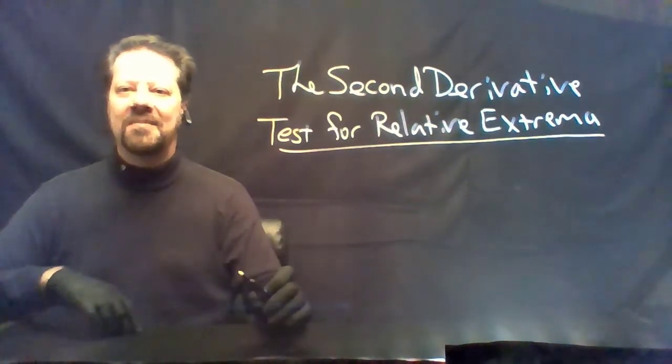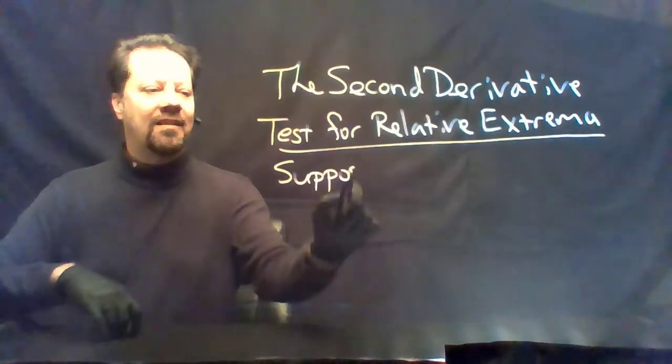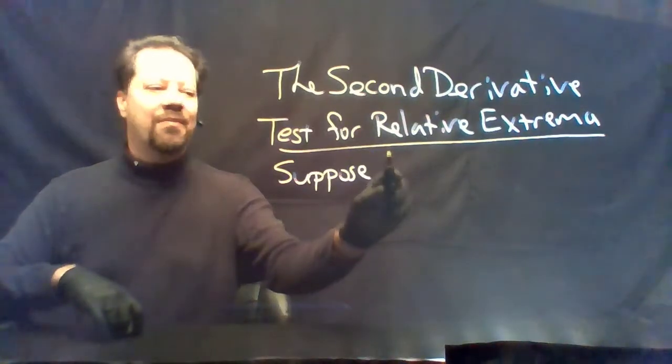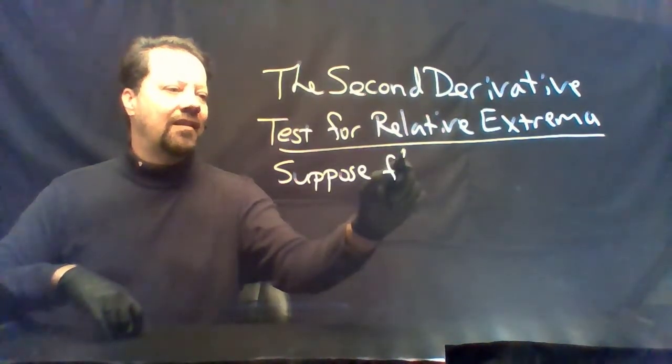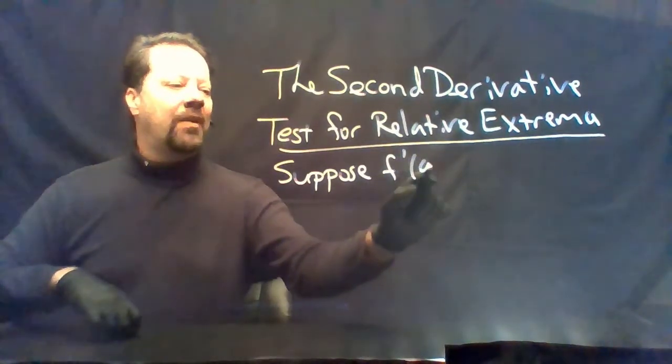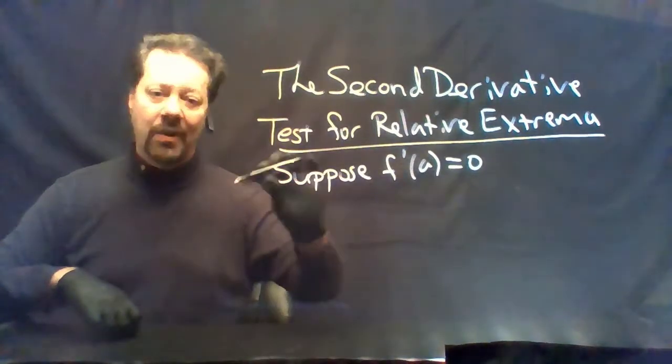It goes like this. Suppose that f prime at A is 0, so it's the sort of critical point where the slope is 0.